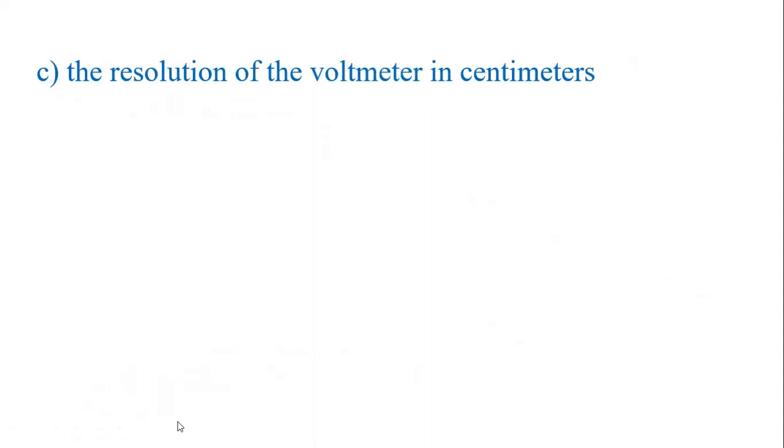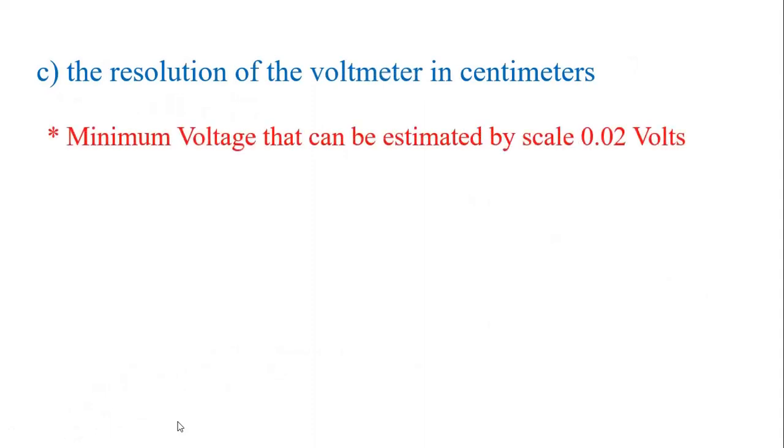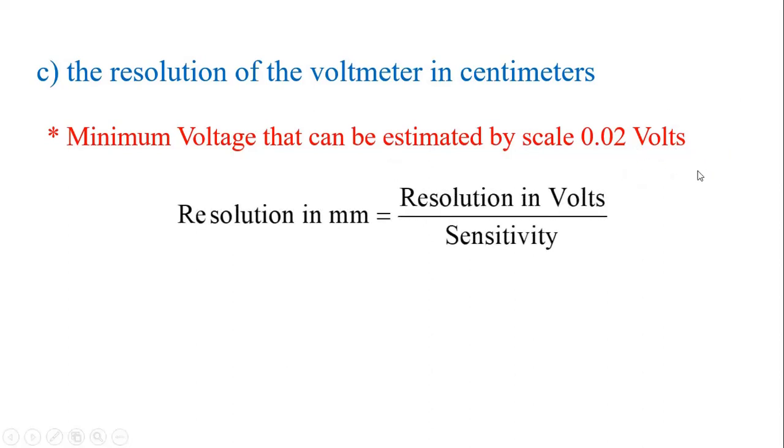That is very simple. See here, this is the resolution in voltage, 0.02 volt, that we have now found out. If you divide this resolution in voltage by the sensitivity, why sensitivity? Because it is in volt per mm.